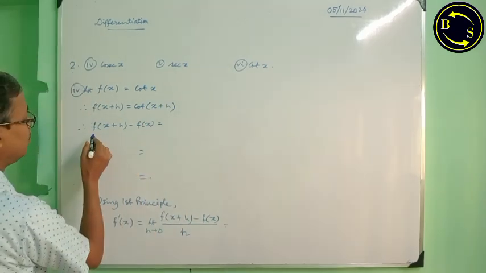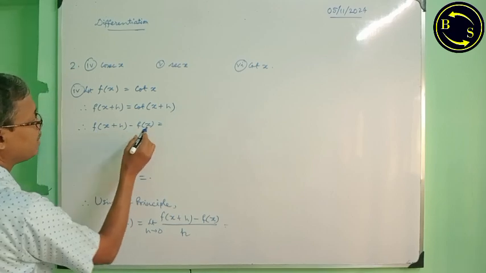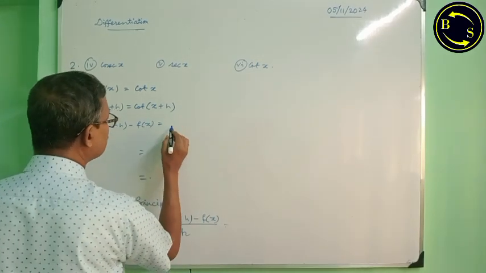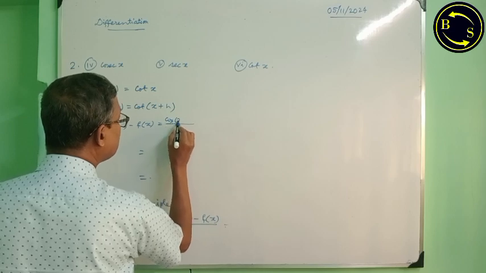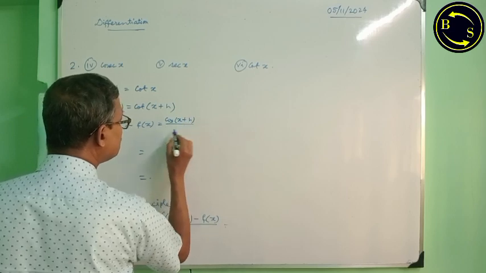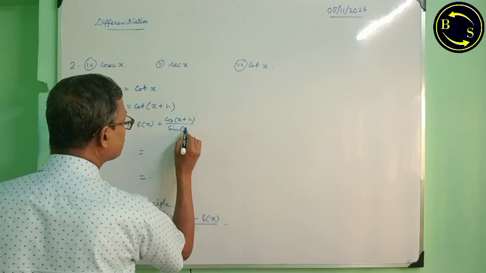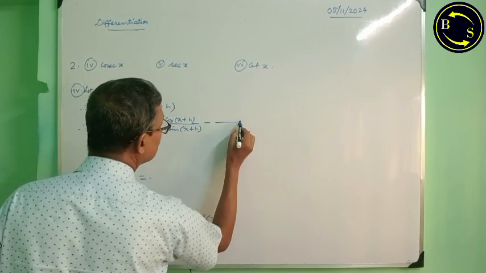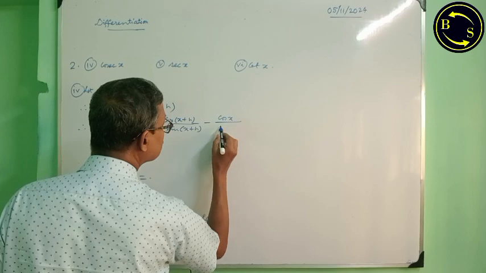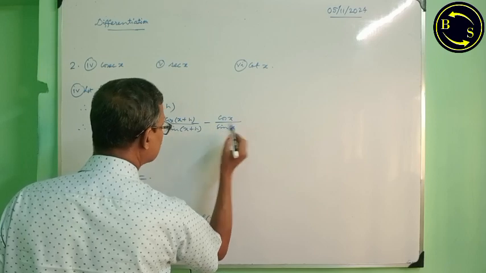Therefore, f of x plus h minus fx will be cot, that means cos of x plus h by sin of x plus h, minus cos x by sin x.